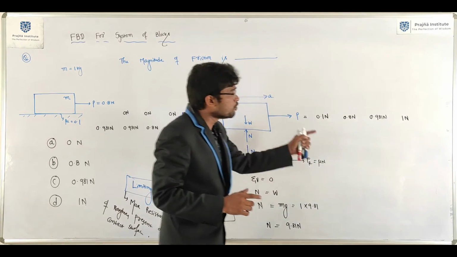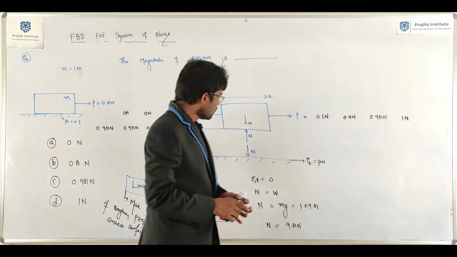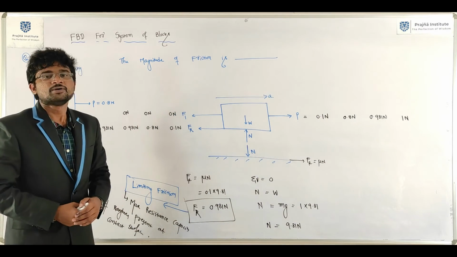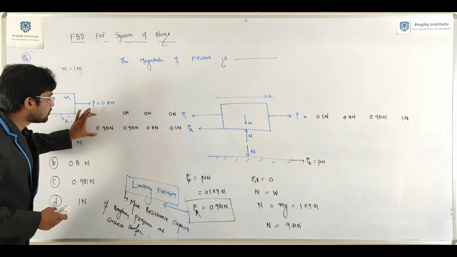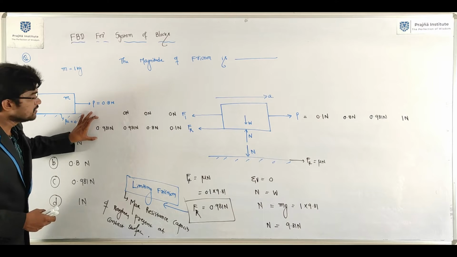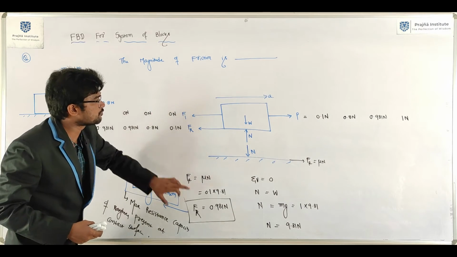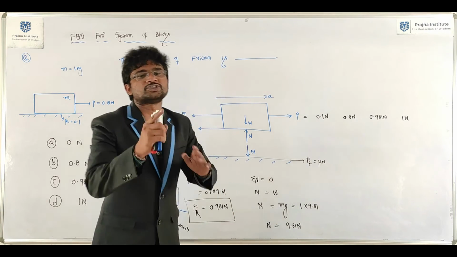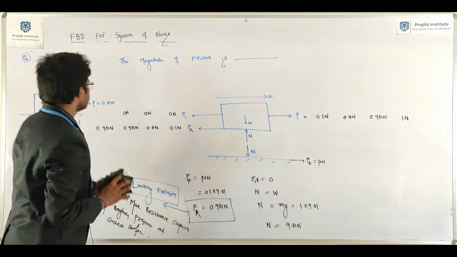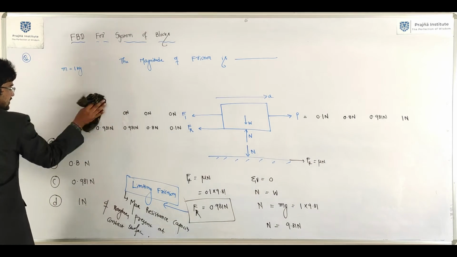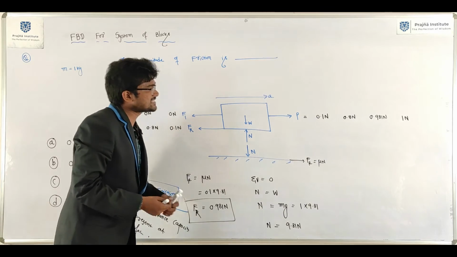Okay, if you apply more than 0.981, more than the limiting value, whatever the remaining force is there will be given to inertia force, then the block will be in motion. That is the concept of limiting friction. Here what is the extra force?